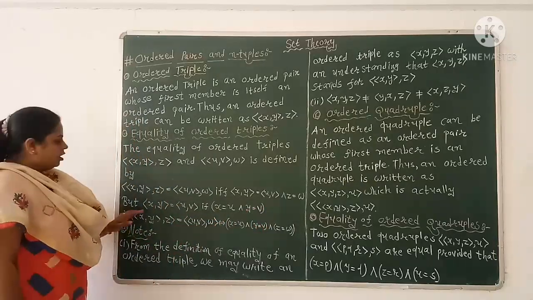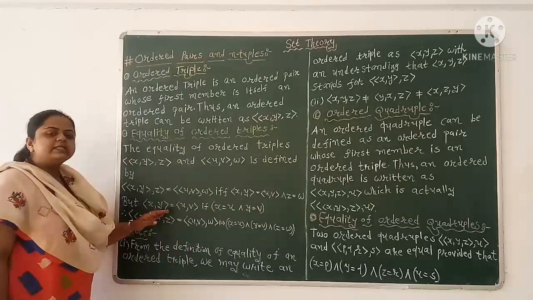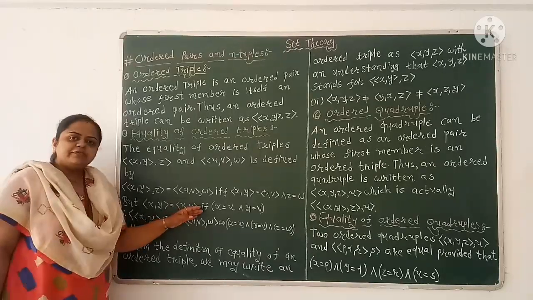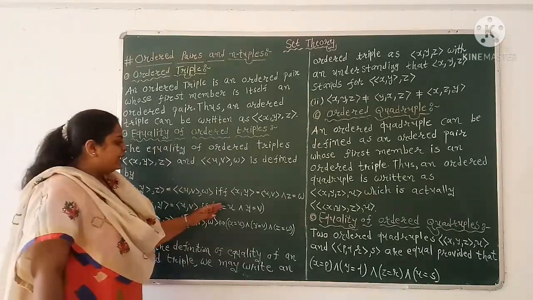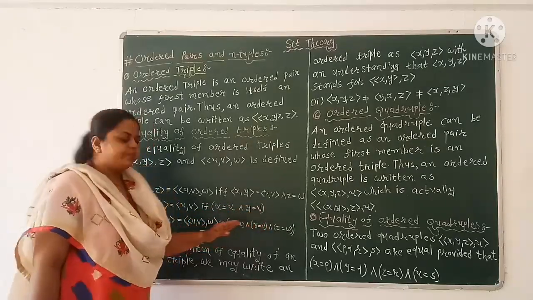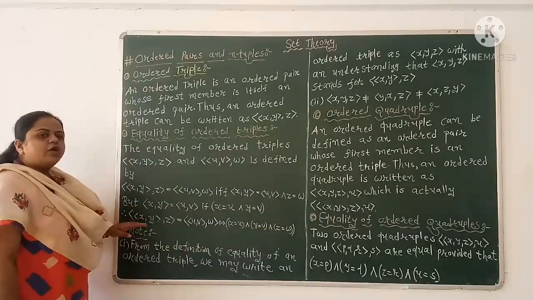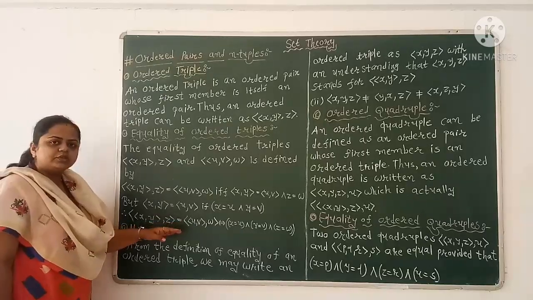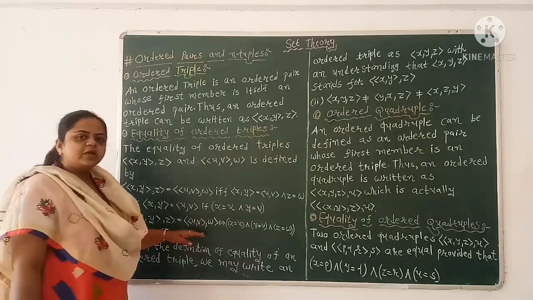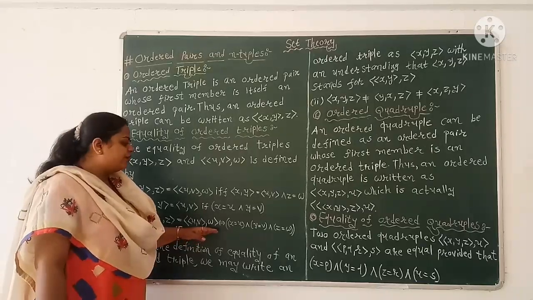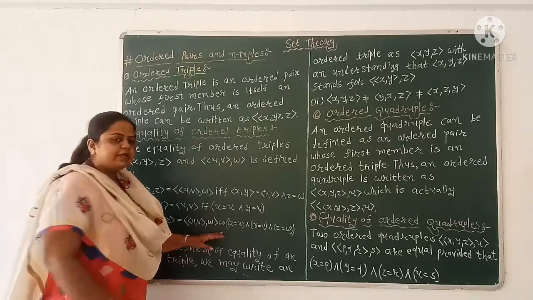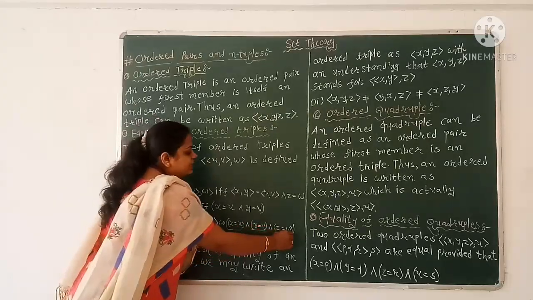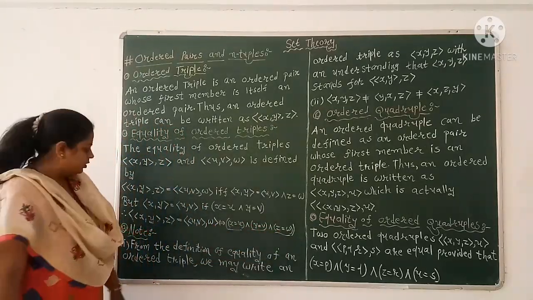But (x, y) is equal to (u, v) if x equals u and y equals v. So, ((x, y), z) is equal to ((u, v), w) if and only if x equals u and y equals v and z equals w.